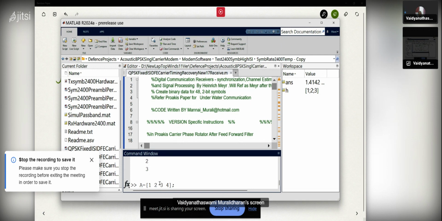This is a vector, called a row vector. This percent symbol represents comments. After that, whatever you enter won't be taken into account. This vector is called a row vector. It has only one row and four columns, one cross four.